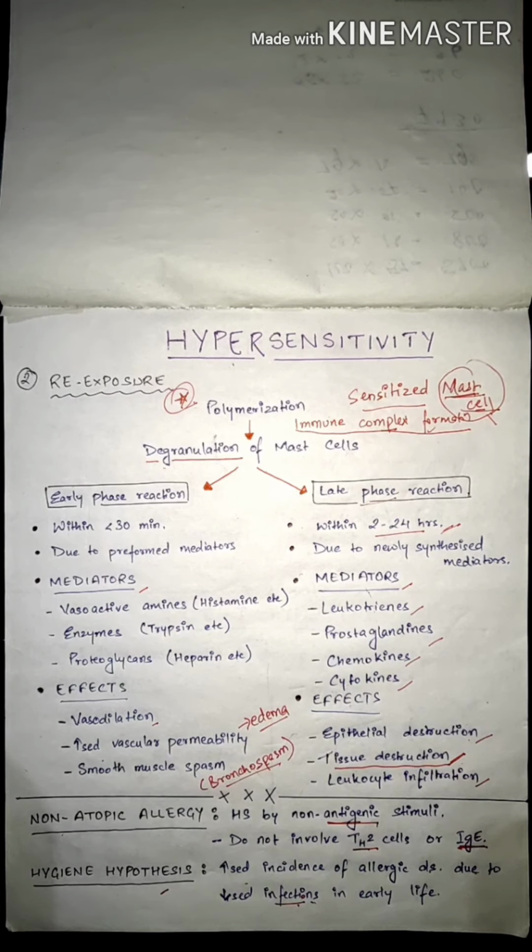So their immune system is not properly developed to fight against those antigens or allergens which are later on faced by them. So it causes increase in hypersensitivity cases. This is the hypothesis known as hygiene hypothesis.